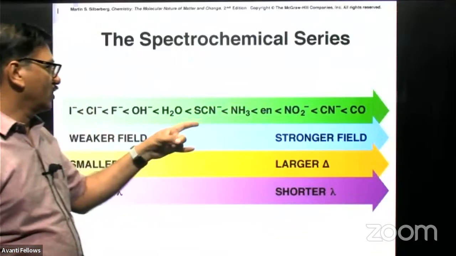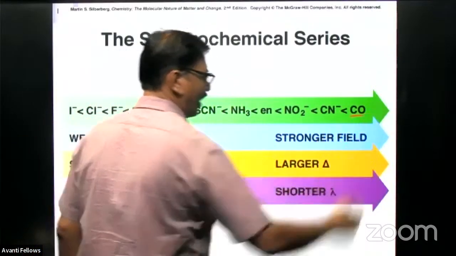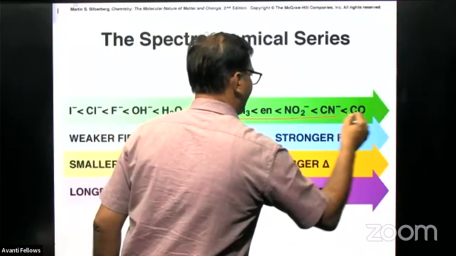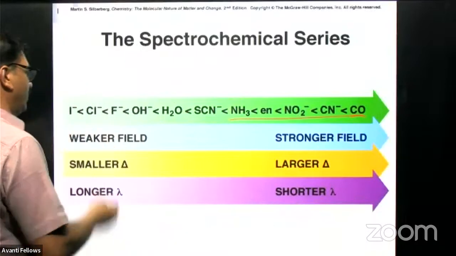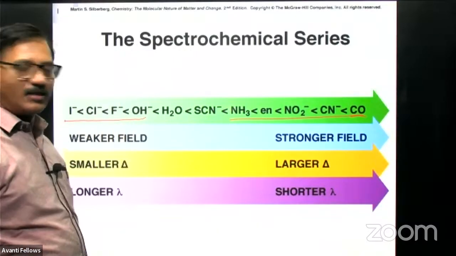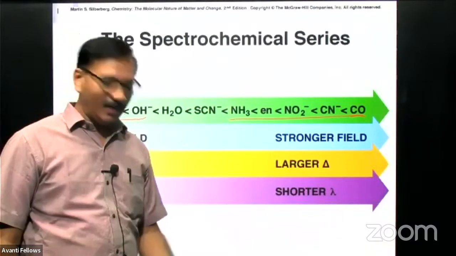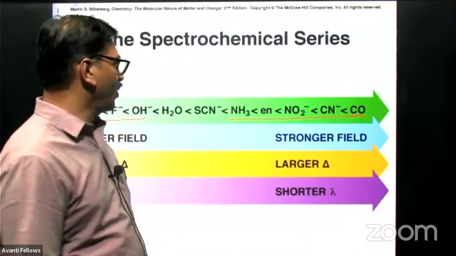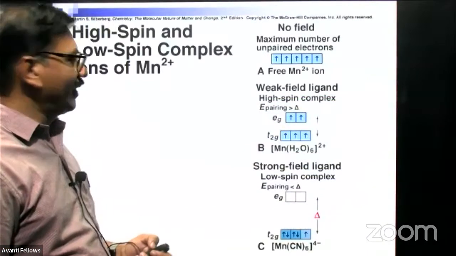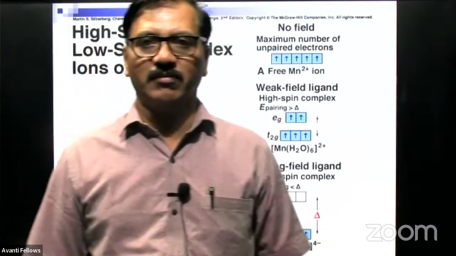In this field strength series, carbonyl is highest among them. Therefore, you can take these as strong ligands and these as weak ligands. H2O is mediocre, and whenever these are approaching, consider that these are very strong ligands, right? So it successfully explains the color formation of the complexes.